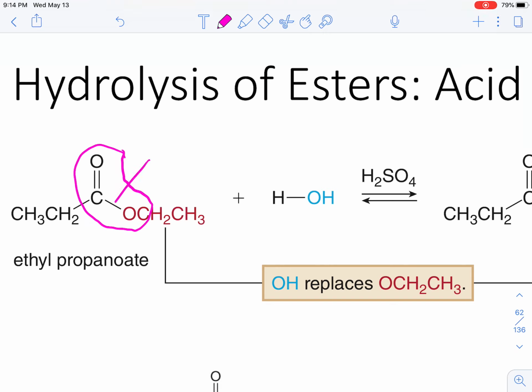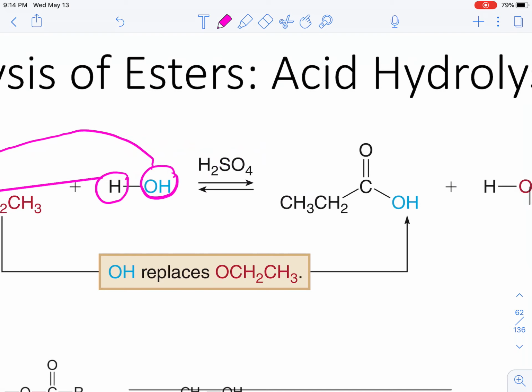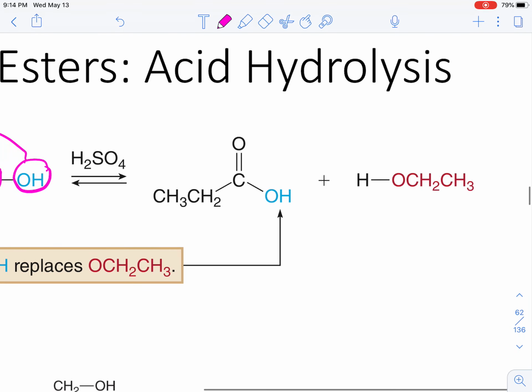And so it is this bond that's going to be cleaved, which will allow the OH to bond to the carbonyl carbon, and this hydrogen is going to bond to this oxygen. And when those bonds are completely formed, then we'll produce a carboxylic acid and an alcohol.